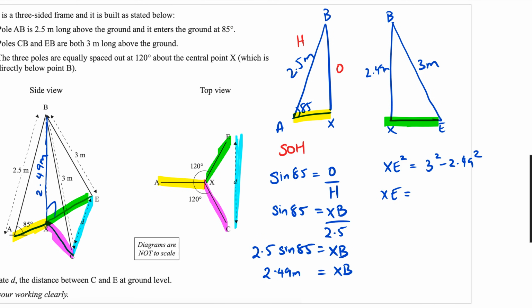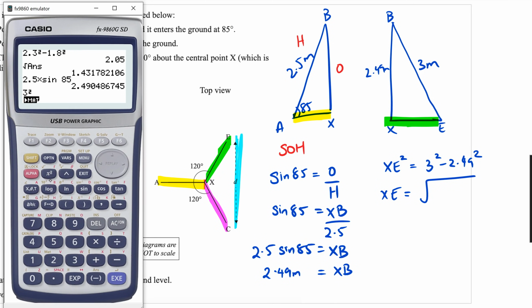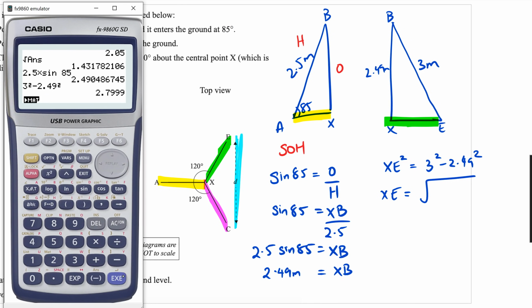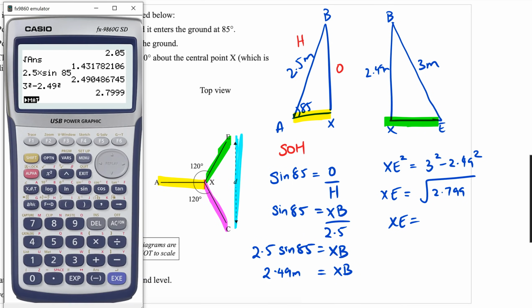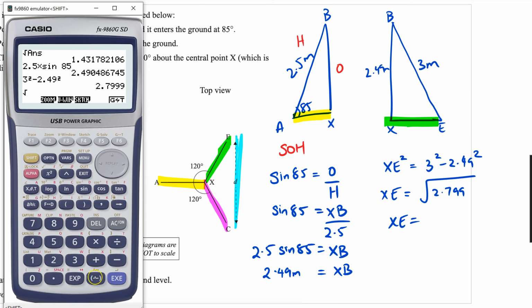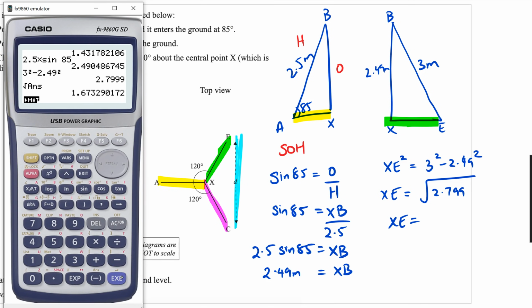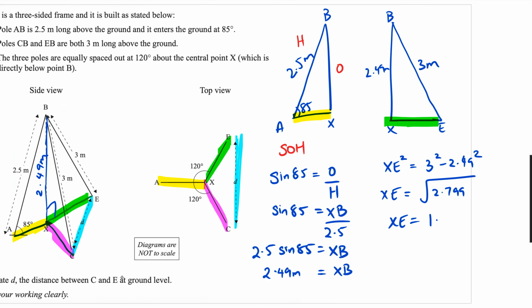So XE is equal to the square root of 3 squared minus 2.49 squared, which gives us 2.799, and then XE is 1.67 meters. So what we've discovered is this distance is 1.67 meters, and same with this.